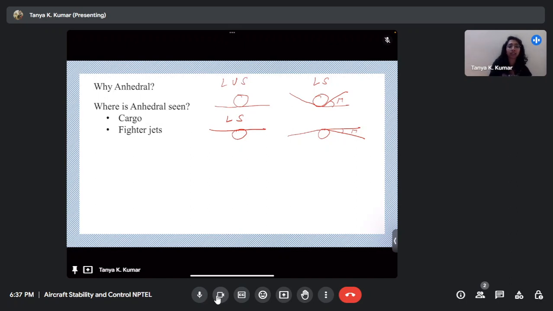So what the anhedral angle does is to slightly reduce the stability. So it does reverse than what a dihedral angle does. The anhedral slightly reduces the stability that is inherent to the high wing. Okay, so high wing and dihedral, both of them contribute towards roll stability, and anhedral contributes towards roll instability. It reduces the stability slightly. Okay, I just thought we should know this.